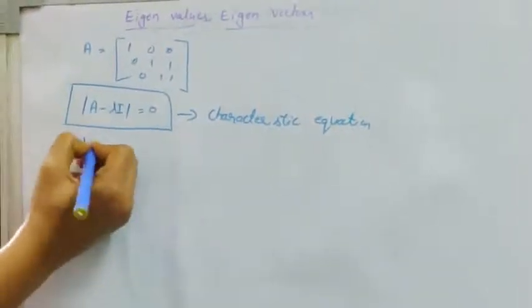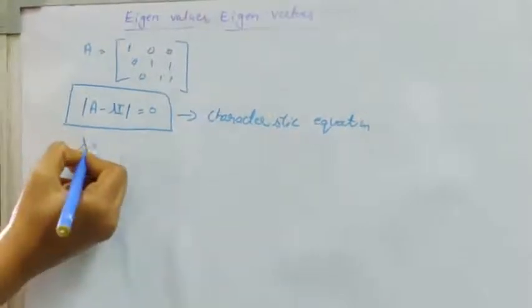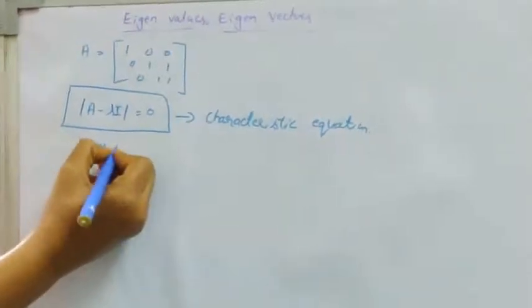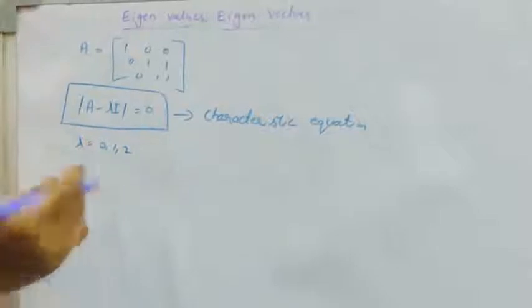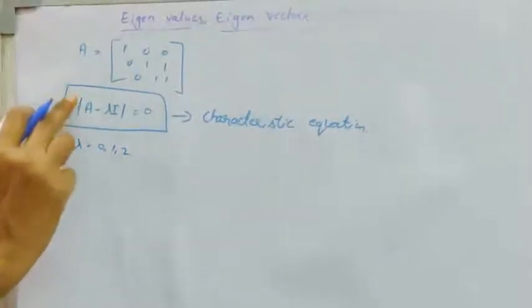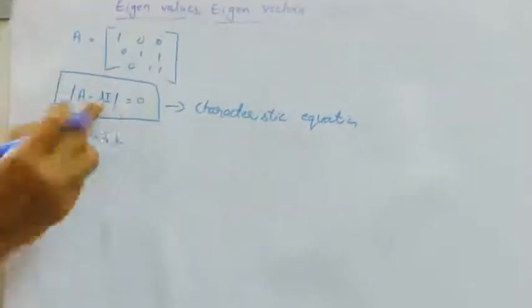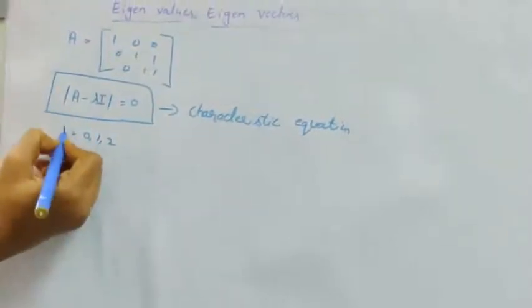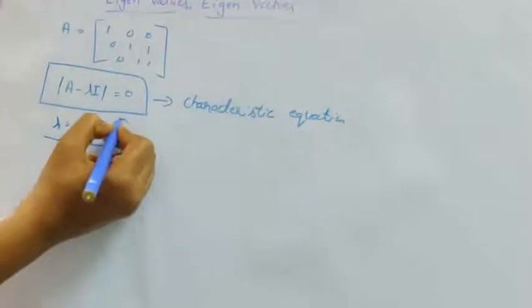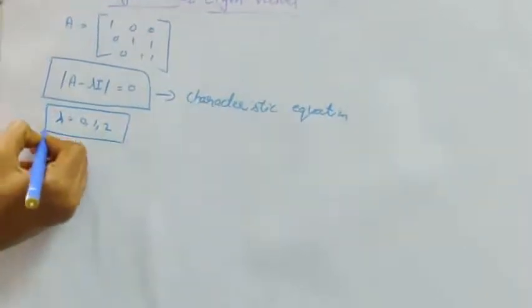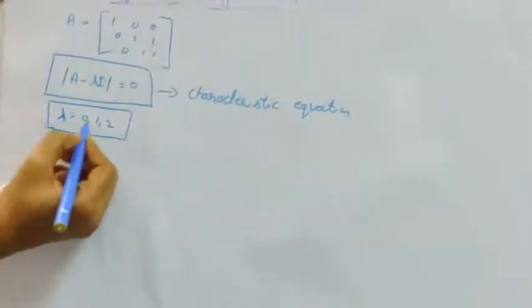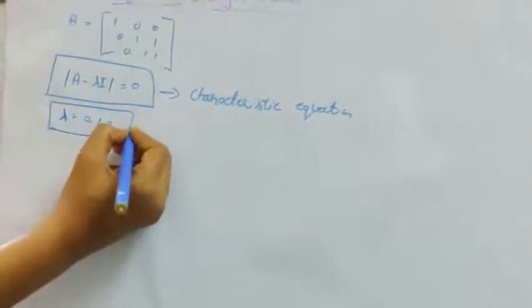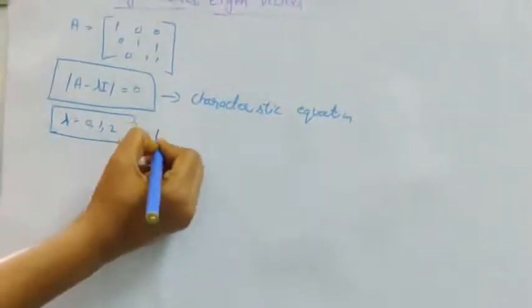In this topic we got lambda values as lambda is equal to 0, 1, 2. If you evaluate the determinant of A minus lambda I, we get the lambda values. We call these values eigenvalues.